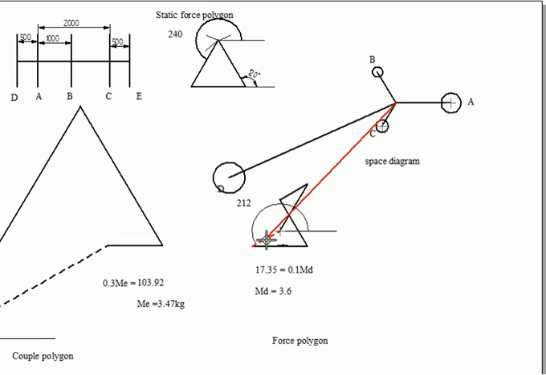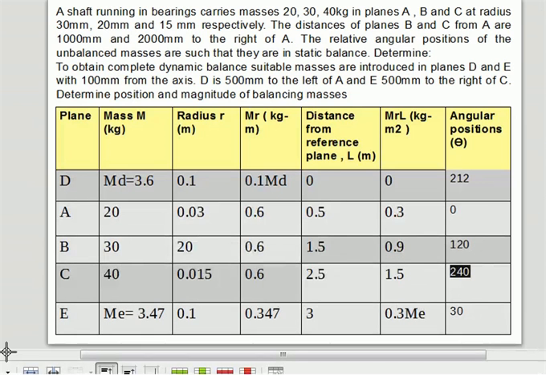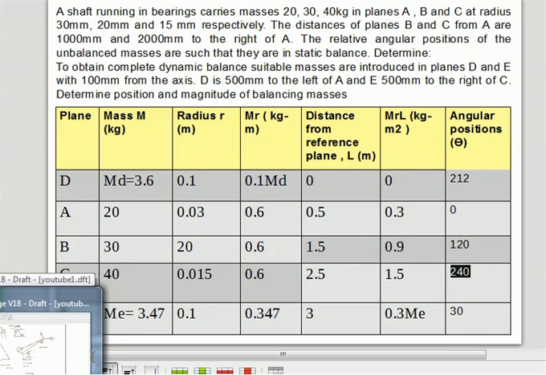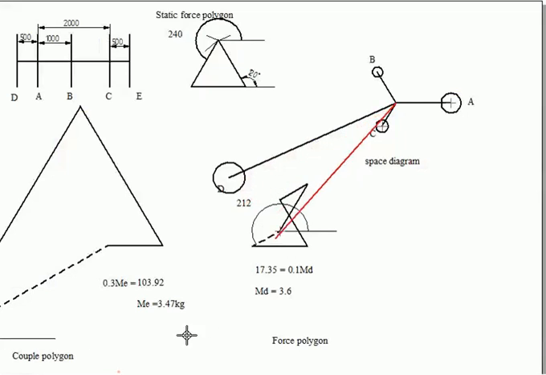Inclined at an angle of inclination of mass E is 212 degree. So somewhat like this you will get. This will be mass E, the last mass E.